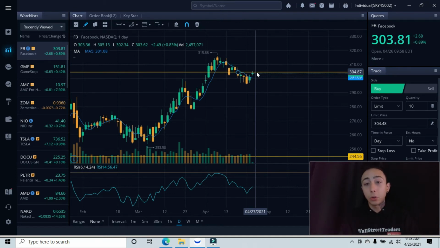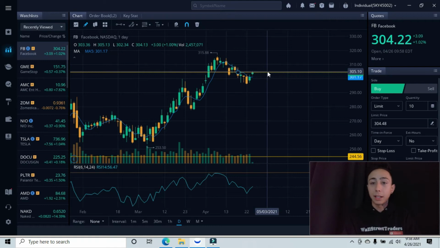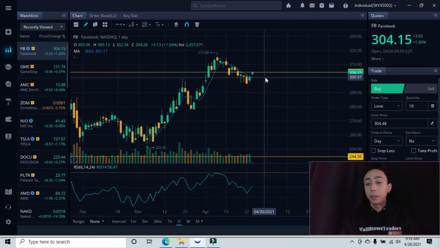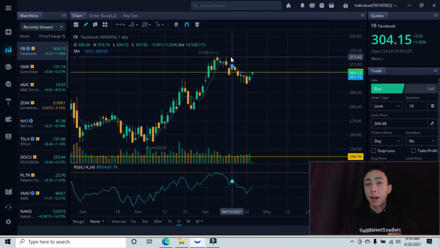So the best entry, like I said, is to wait and see if we can break above this 304 level, and for us to come back down and retest it. If we can retest this, then your entry would be right around this level, and have your stop loss underneath this resistance line at the $300 level or the 295, and then your first target would be at this previous highest point back up here at the 315.